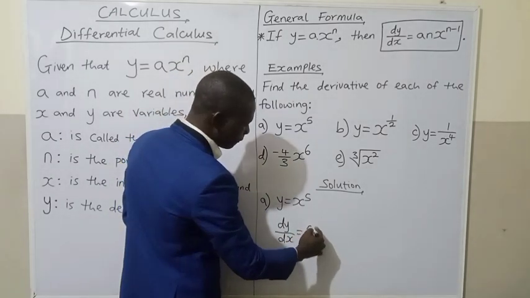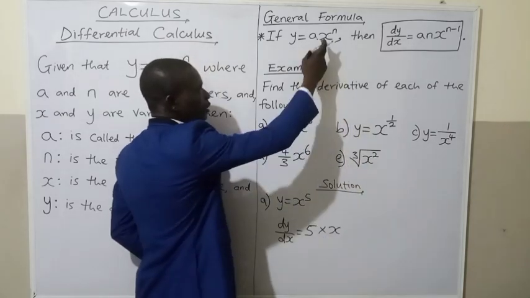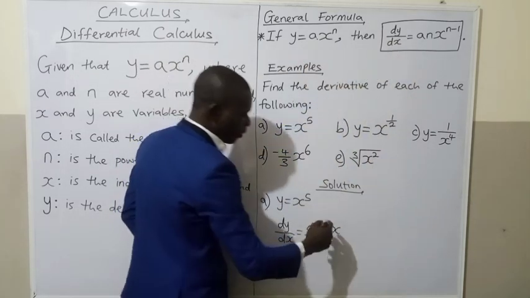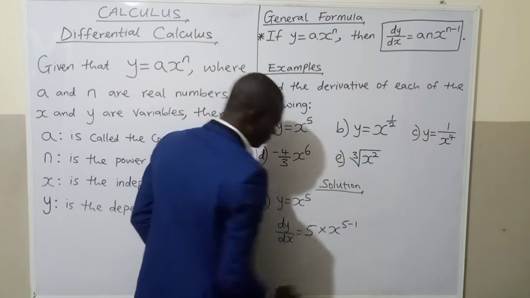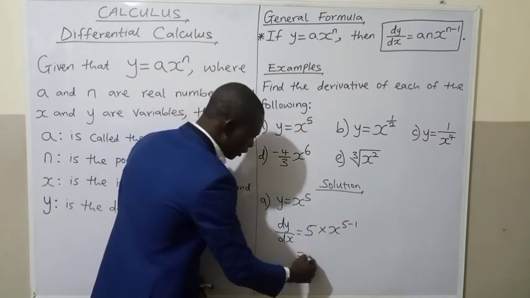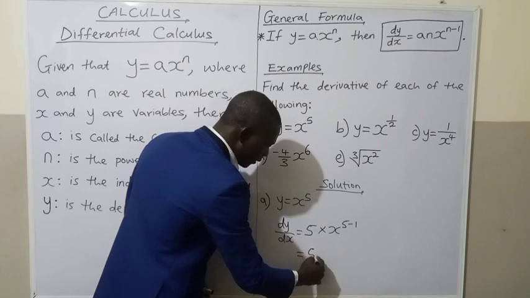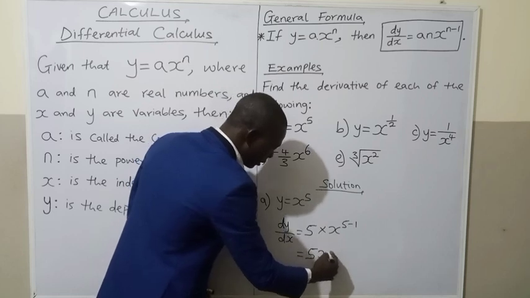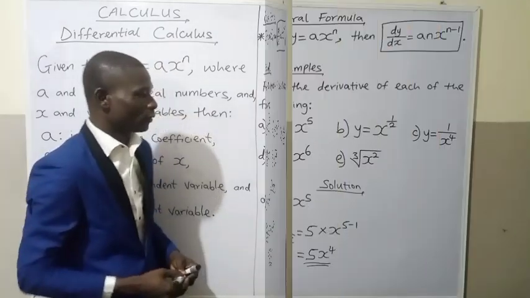That becomes 5 multiplying x. And what happens to the power? We are going to subtract 1 from the power. That's going to be 5 minus 1, just as we have it there. So this becomes 5, the coefficient of x is 1, so 5 times 1 is going to be 5. And then that's going to be x raised to the power 4. Very simple and straight. Right.